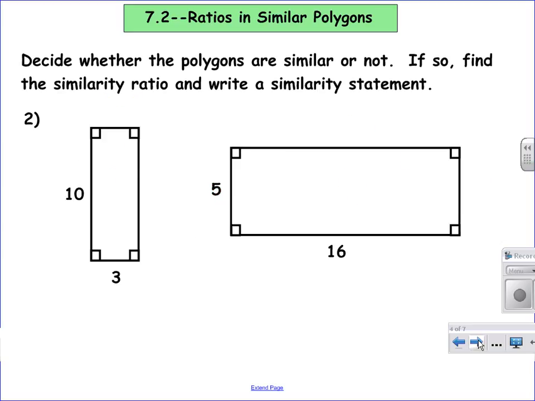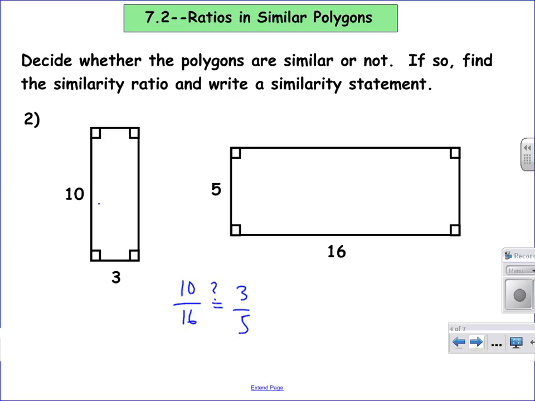All right, now they're not all going to be similar, obviously, and this is kind of the devil's advocate case. So I've got in the small figure 10 compared to the large figure 16. Those are corresponding sides. Is that equal to the other one, the 3 to 5? Do those ratios hold is basically our question.